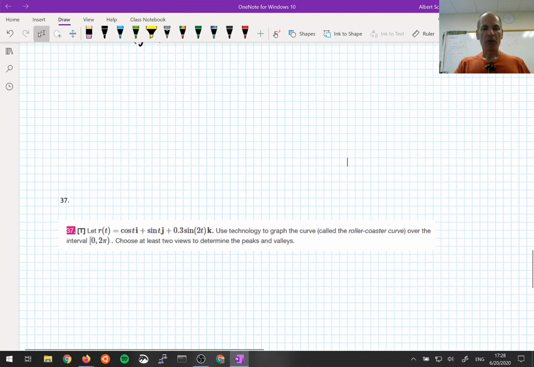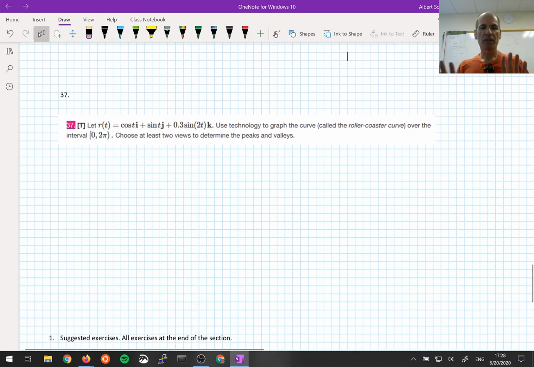In problem 37, we're going to do a three-dimensional curve this time. So we're going to use GeoGebra and do a three-dimensional space curve, cosine t, sine t, and then this 0.3 sine 2t. Now, before we go to the technology, I want you to develop the skill of looking at a space curve and seeing if you can infer some facts about it without actually resorting to the technology.